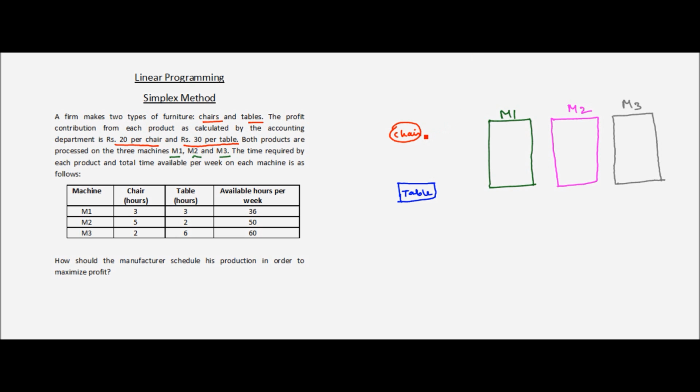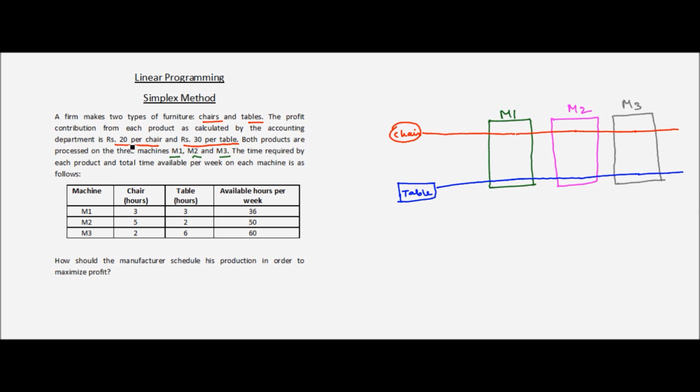So basically the raw material for manufacturing the chair has to pass through M1, get processed there, then to M2, get processed there, then to M3, and then it gets converted into a chair. Similarly, the raw material for table has to pass through M1, M2, then M3, and then gets converted into a finished table.